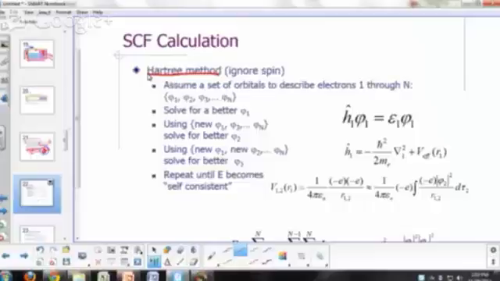The idea here is that you want to get the best possible set of orbital functions to describe the electrons. So what you do is you make a guess to start with. You assume a set of orbitals to describe electrons 1 through n. Electron 1 would be described by spin orbital 1, electron 2 would be described by another function, and so on.